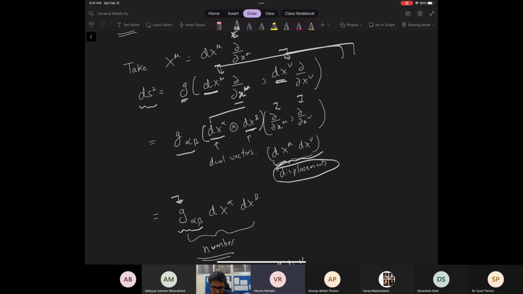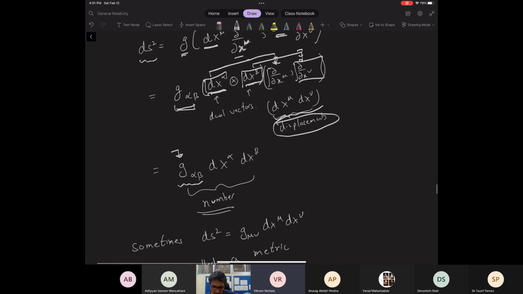These dual vector bases act on these vector bases. The result of dx alpha acting on partial x mu is going to be delta alpha mu. The result of dx beta acting on partial x nu is going to be delta beta nu. Now when I contract that with the g alpha beta, what I'm going to get is g mu nu, and I'll have these displacements left over.